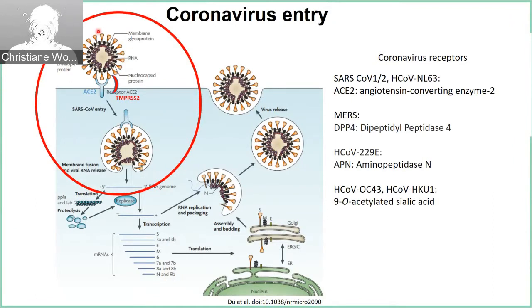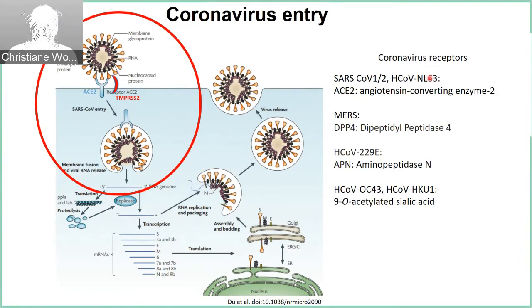As with every virus, the virus engages with a host receptor and then has to cross the limiting membrane of the cell and deliver its genome into the cytoplasm. For coronaviruses, what we know is that there are 4 different receptors.